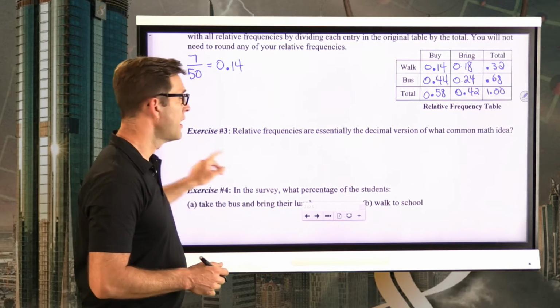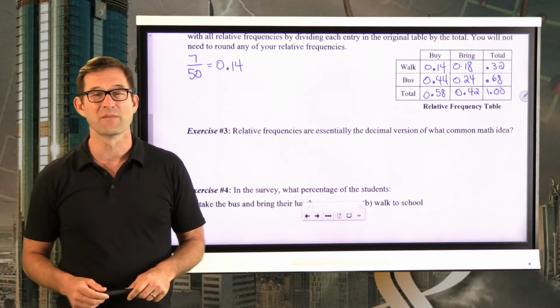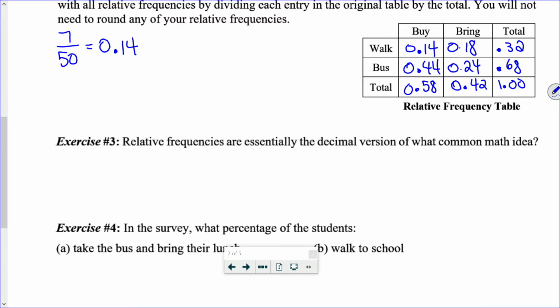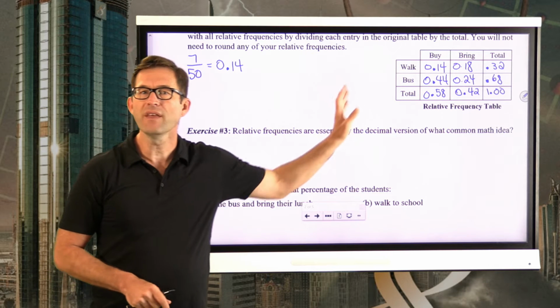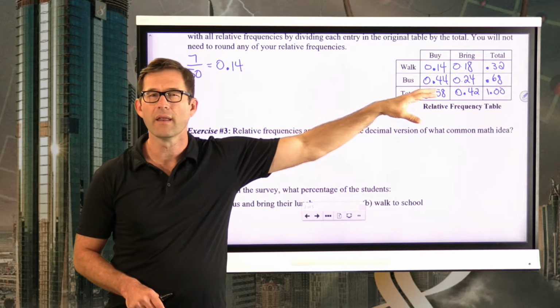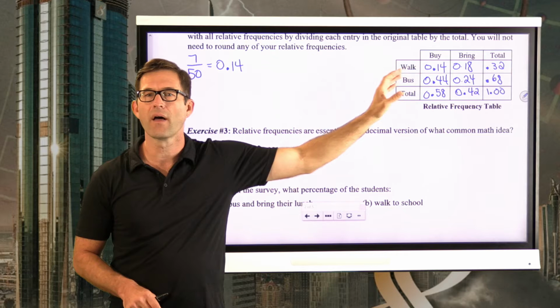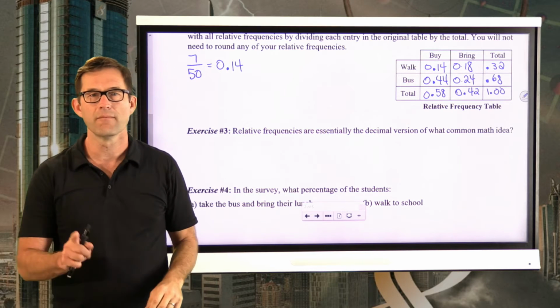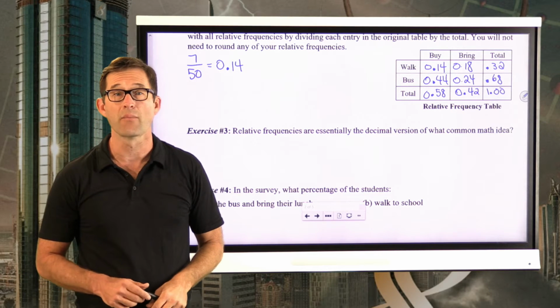Let's take a look at exercise 3 just to make sure that we have it. Relative frequencies are essentially the decimal version of what common math idea? All of these things we could think of in a very related way. What important mathematical idea are all of these getting at? Pause the video now and see if you can remember it.